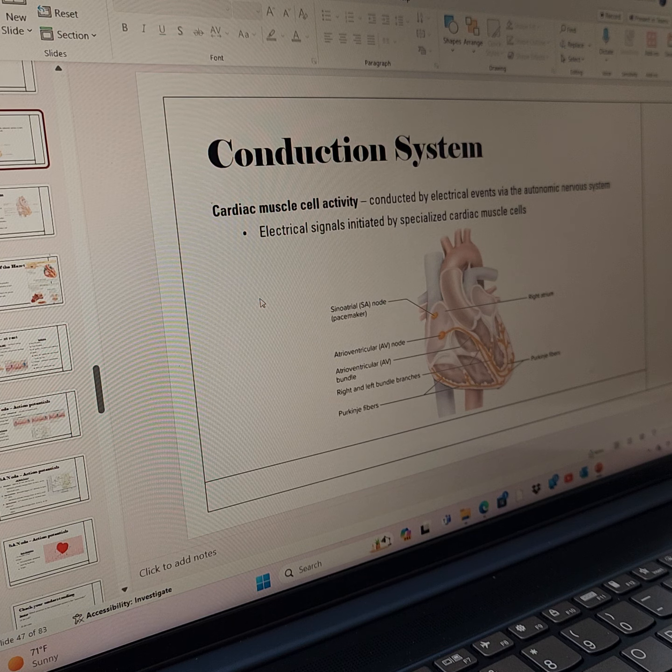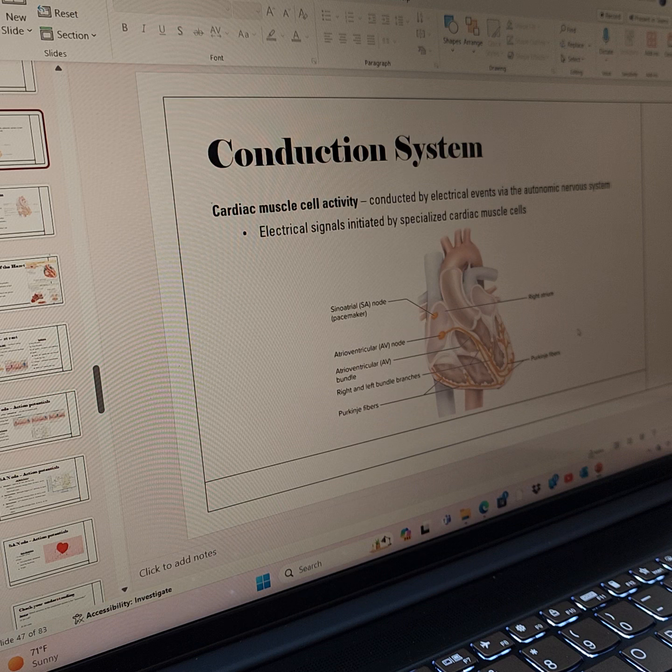So again, backwards: right atrium, left side, top left. The atrioventricular node, the AV node, is the next one down under the SA node. And then that will transition to a bundle. The bundle goes down through the middle and branches off left and right to all the Purkinje fibers.